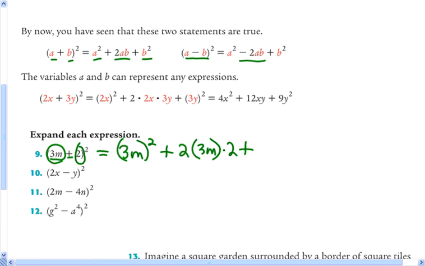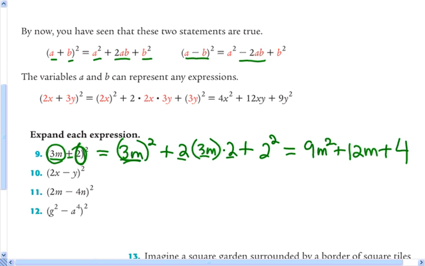And the last term in the trinomial will be the second term squared, which is 2 squared. And then just simplify what we have here. 3m times 3m is 9m squared. 2 times 3 times 2 is 12m. And 2 squared is 4.